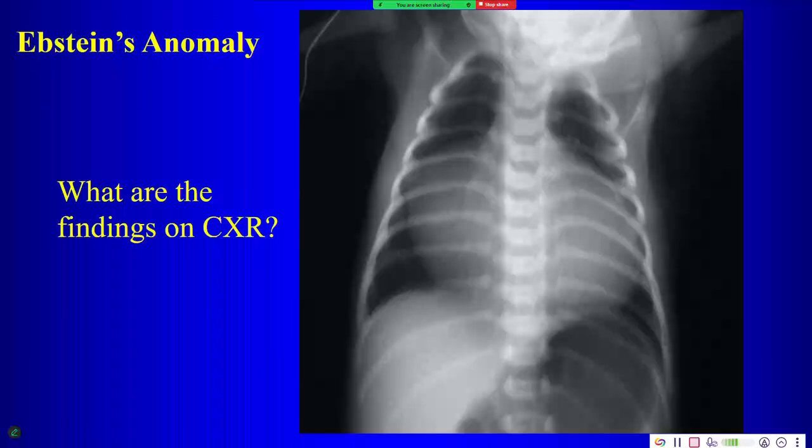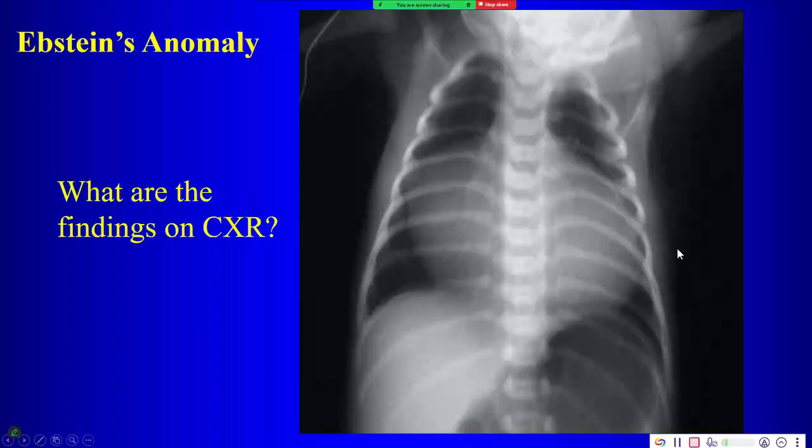Now, the classic radiographic manifestation of Ebstein's, what do we have? Well, before we get there, we talk about the pulmonary blood flow, right? So pulmonary blood flow is decreased, right? And then the heart is enlarged because of usually right atrial enlargement.